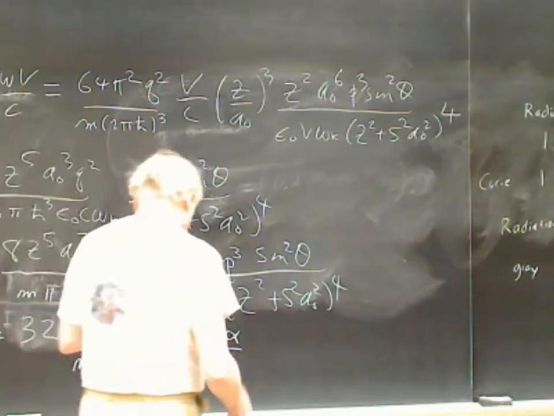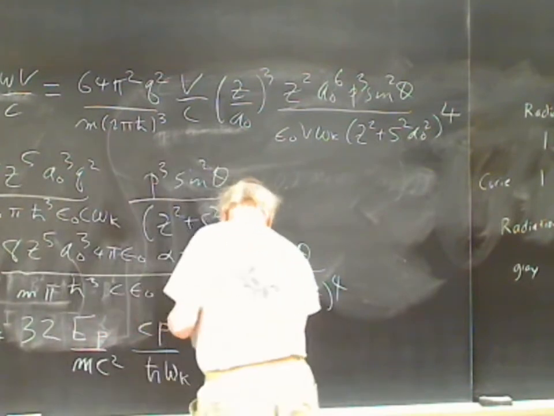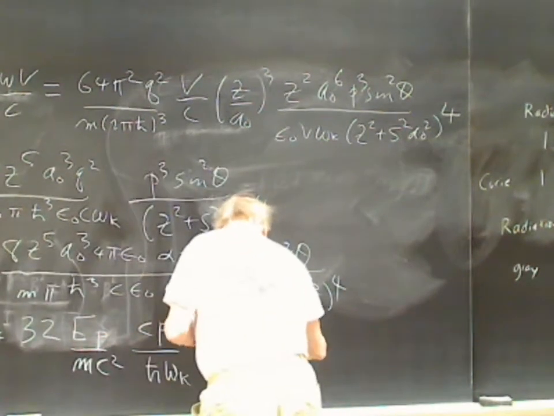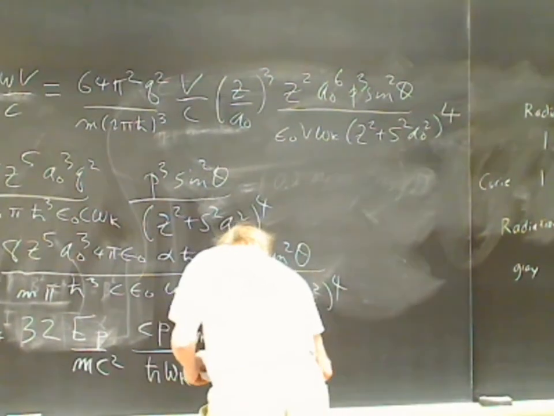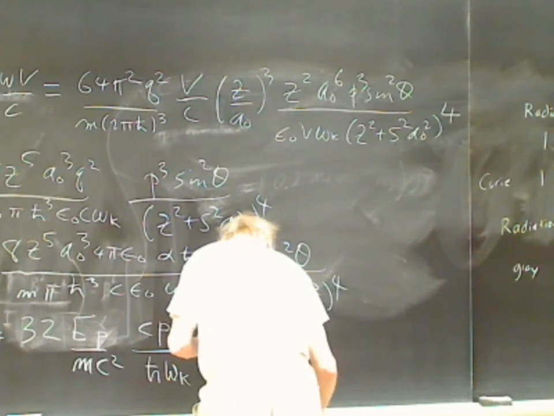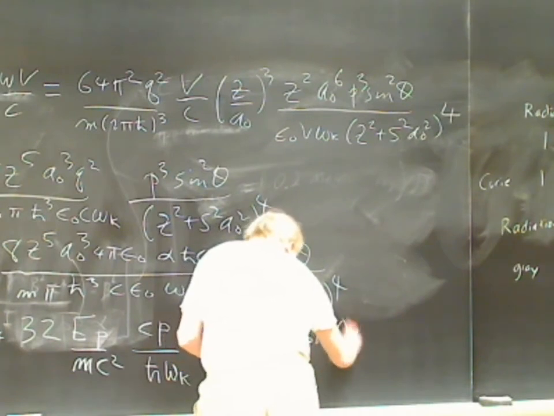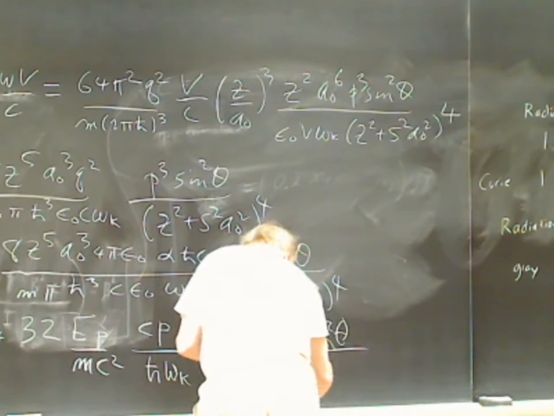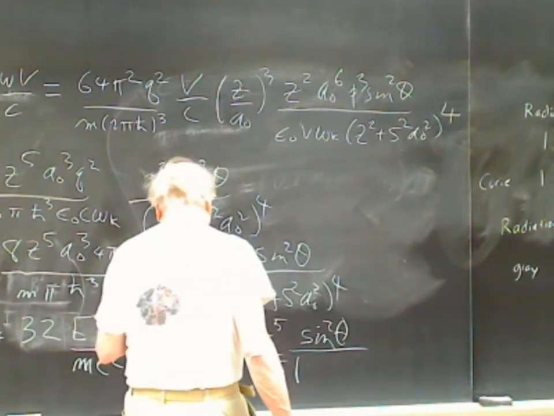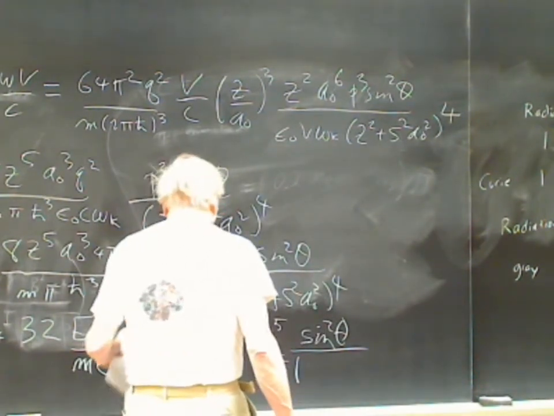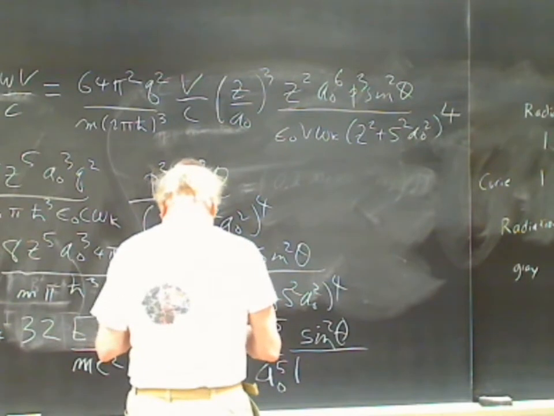And actually, there's a nicer way of writing that, but I forgot what exactly we used. So let me just go this way: a0 to the 5th sine squared theta over this big structure here. Let me back up one step.